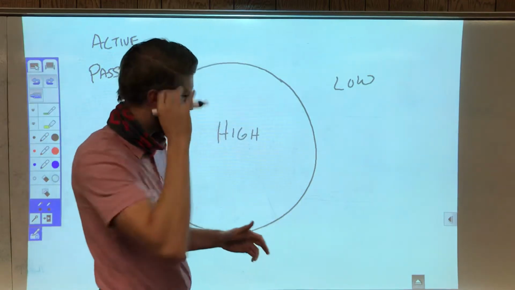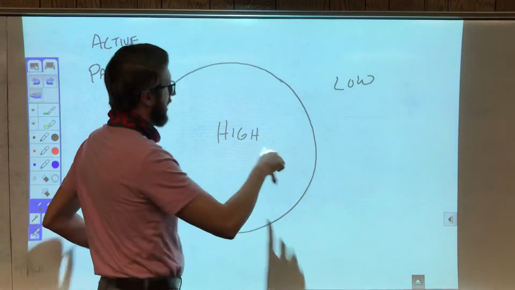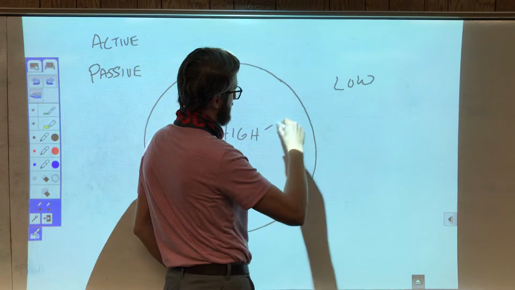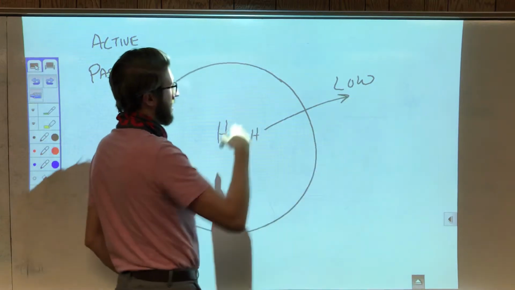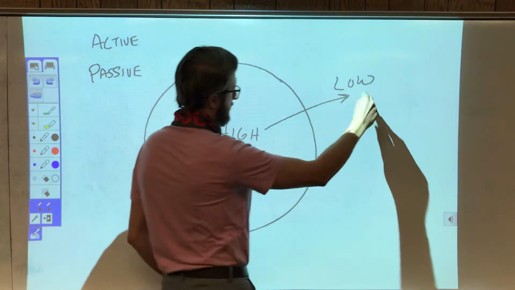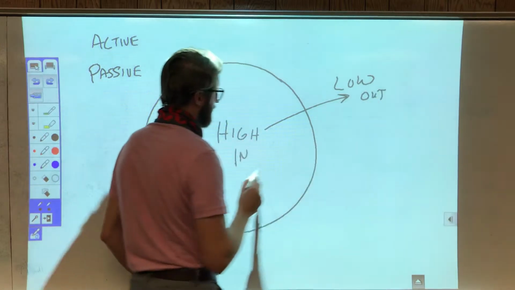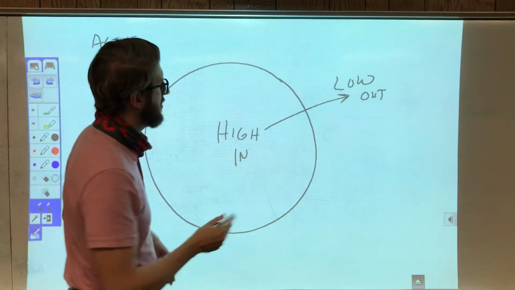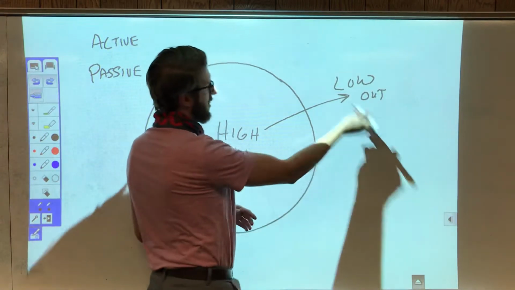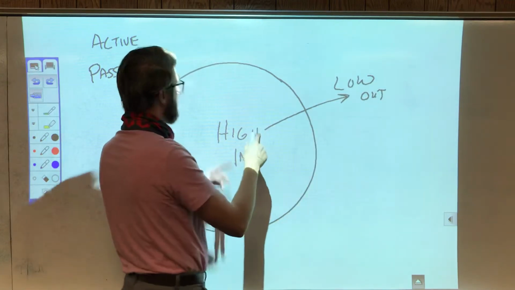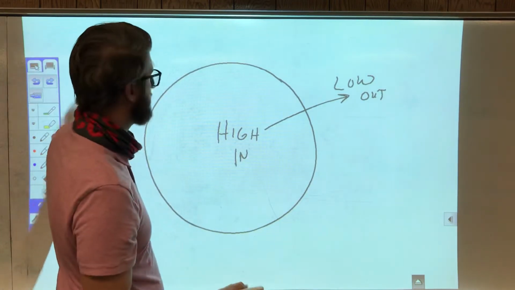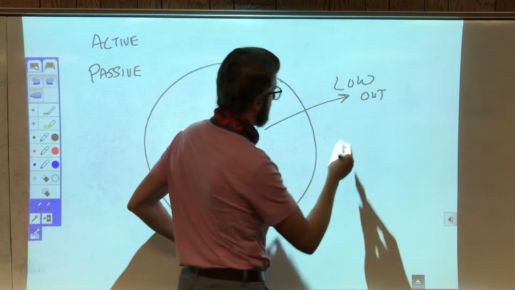Doesn't matter what the stuff is. The concentration gradient is going to go from high to low, or in other words, from in to out. Okay? So if we're wanting to move something into the cell against the concentration gradient, it's going to require energy.